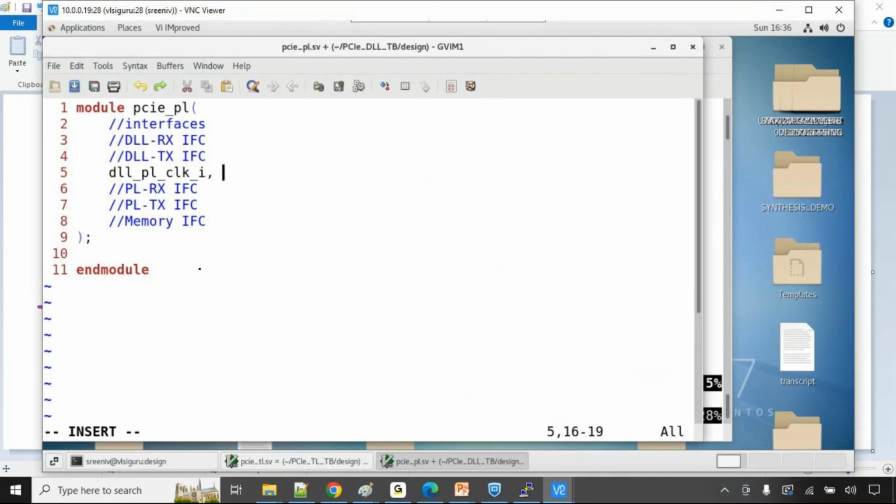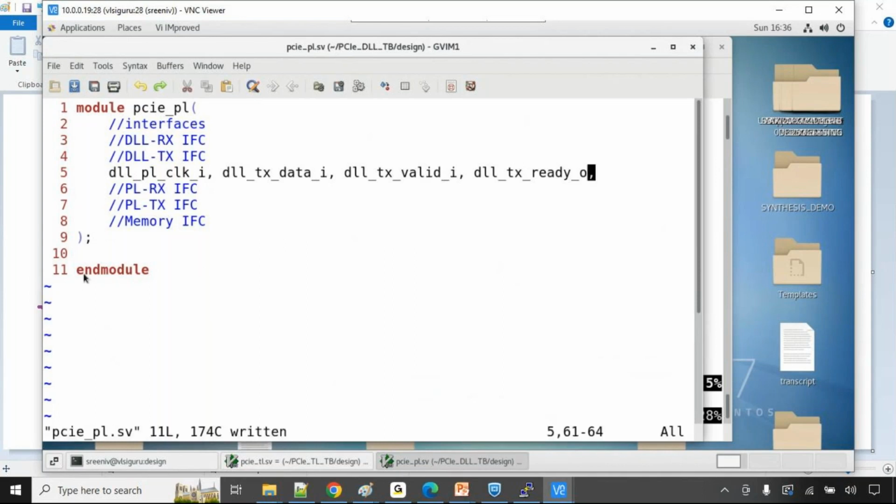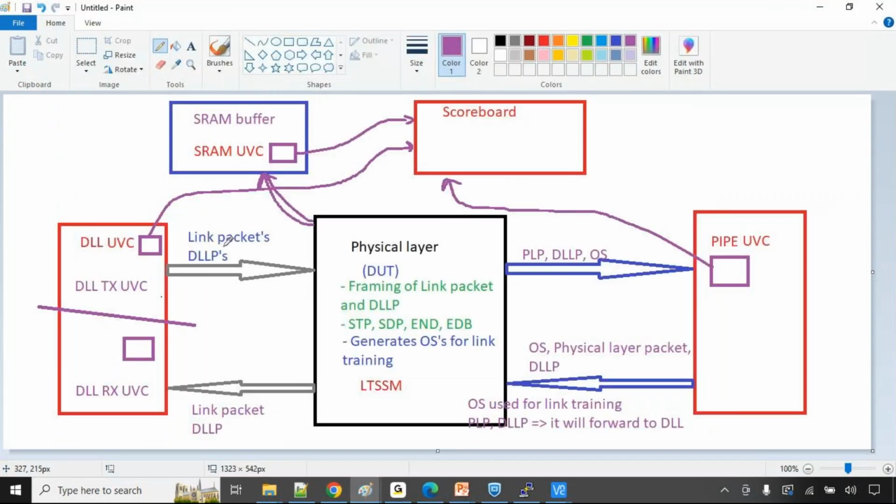Then it is going to have DLL transmit data I, DLL transmit valid I, and DLL transmit ready. It's a very simple interface. Transmit data means the data that it's going to transmit. Then valid, and in response I'll give ready, and a clock on which this interface will operate.